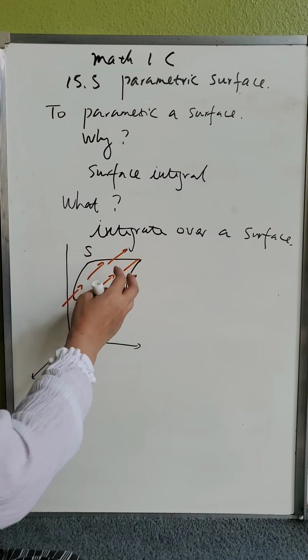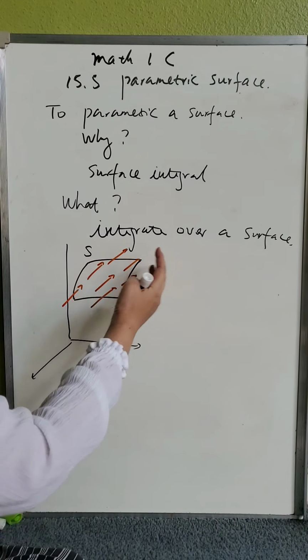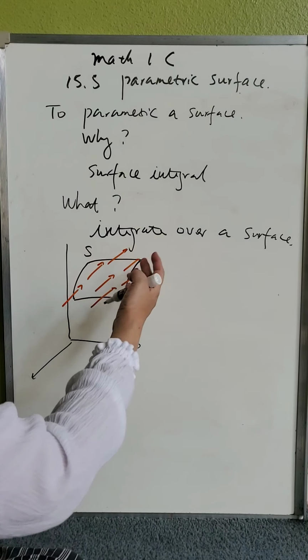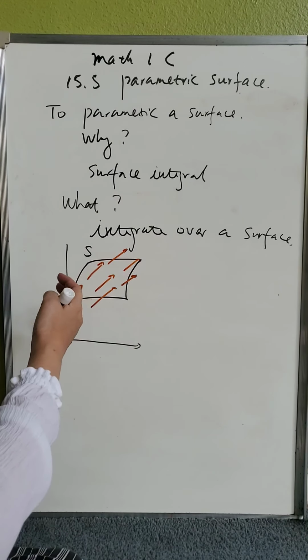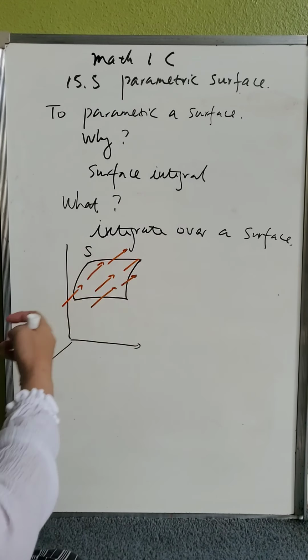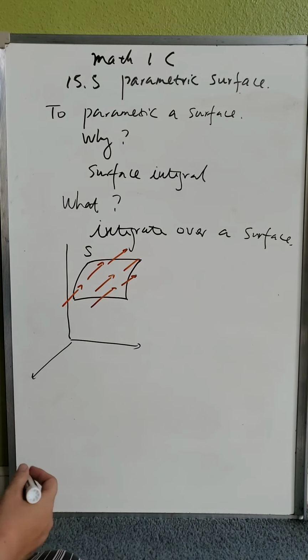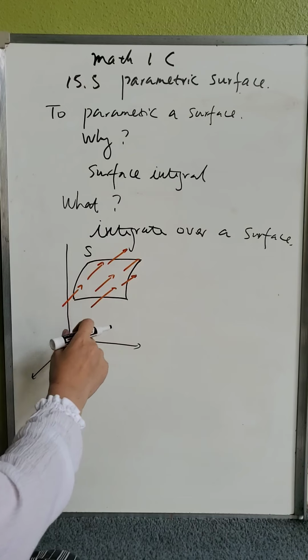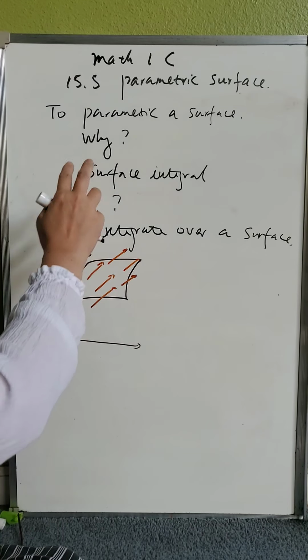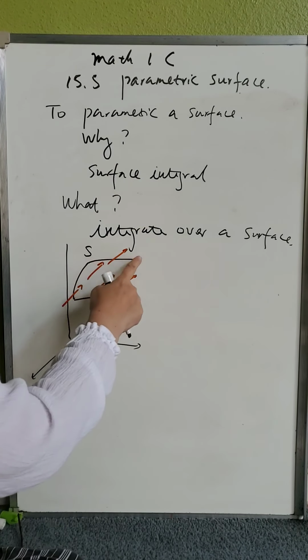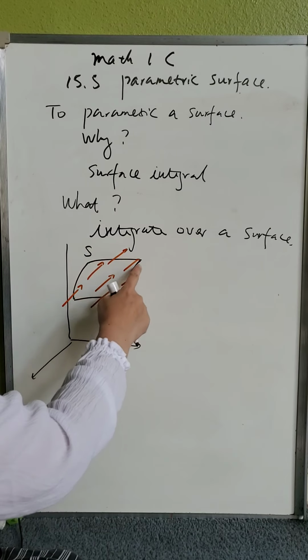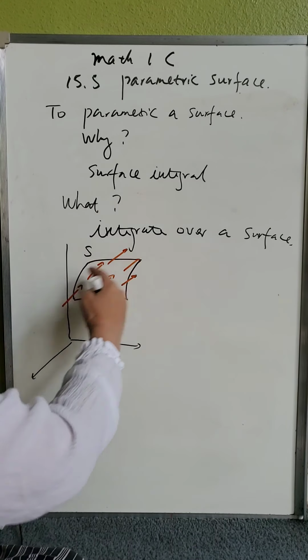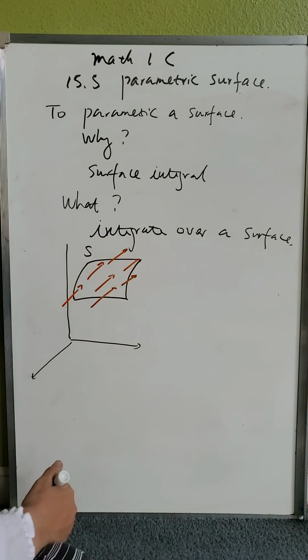Or what's the heat, okay. If you put current, electricity going through this surface, we want to know the speed for this electricity to cross it, okay. So physics and engineering use a lot of surface integral. They also use line integral. Line integral just checks the edge. Surface integral checks the surface.